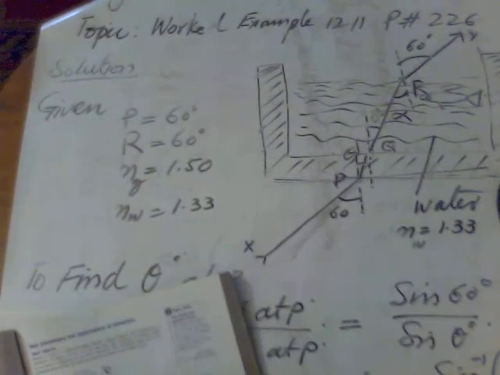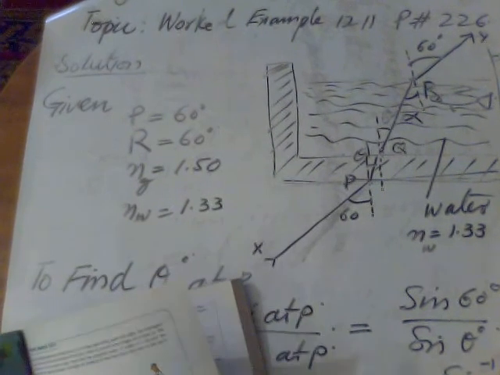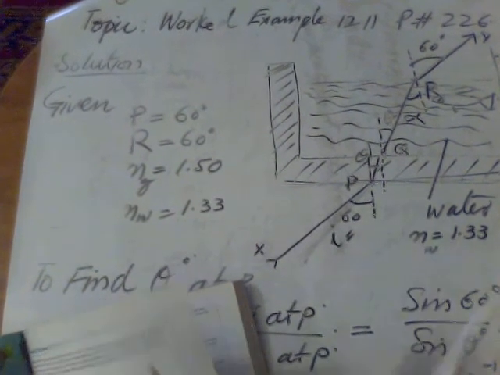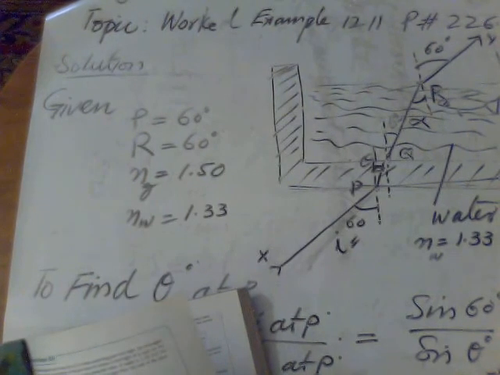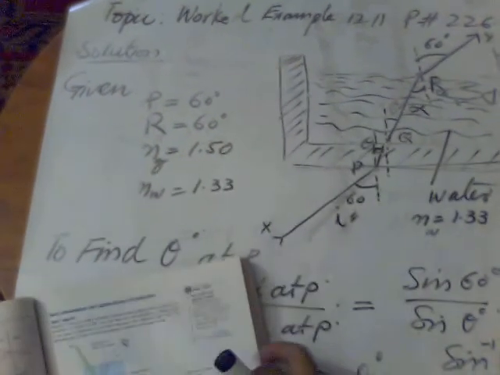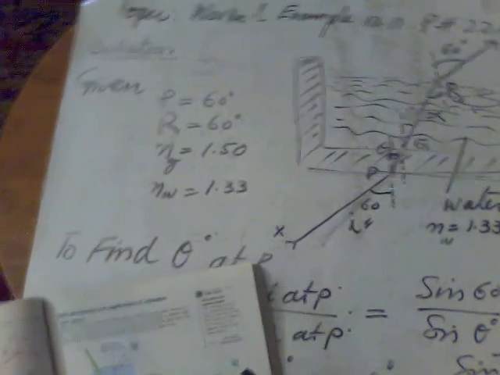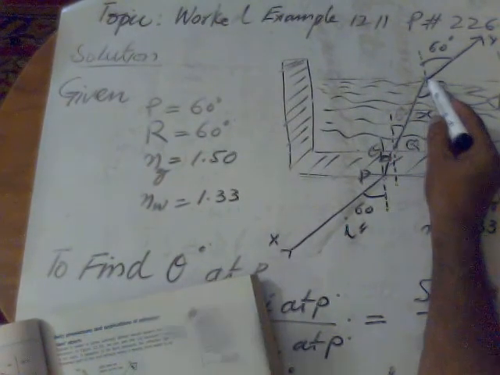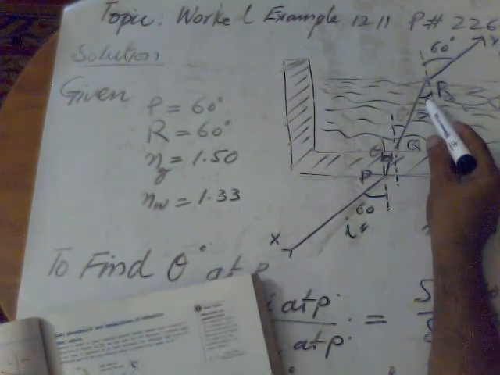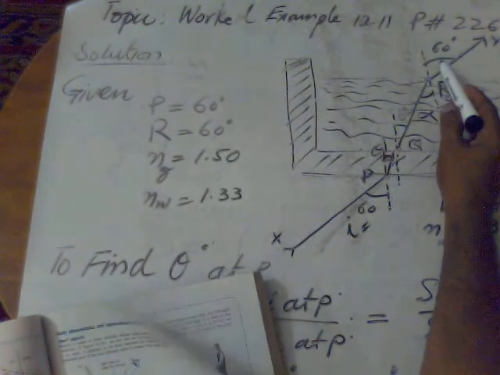This angle 60 is the angle of incidence at point P, and this angle is the angle theta, the angle of refraction at point P. Further, we have to find angle alpha at point R. Here this angle is the angle of incidence and this angle is the angle of refraction.